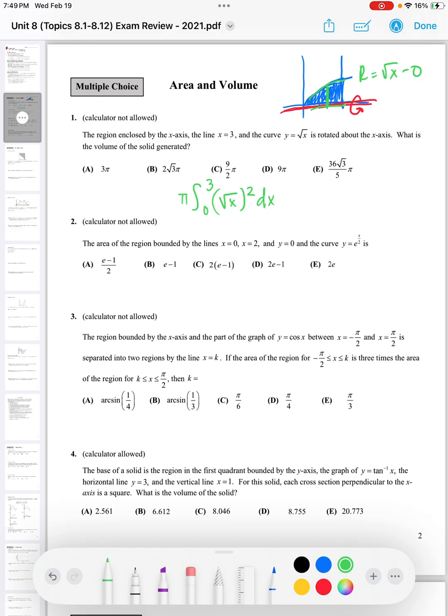Now this one's no calculator, so let's simplify. So I'm going to simplify it to integral from 0 to 3 of x dx. My antiderivative is going to be 1/2 x squared, evaluated from 0 to 3.